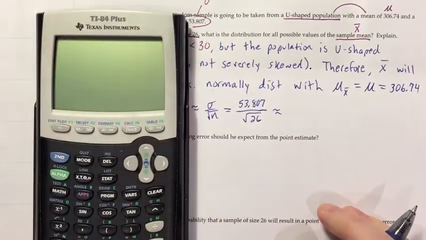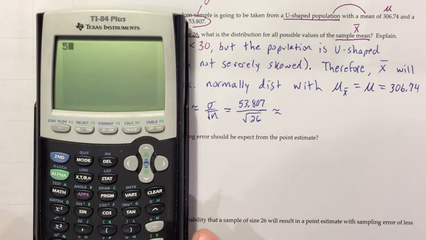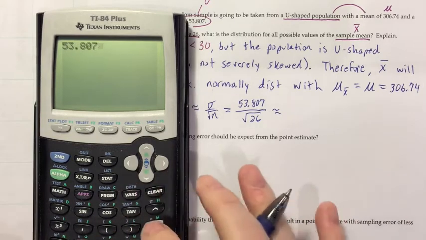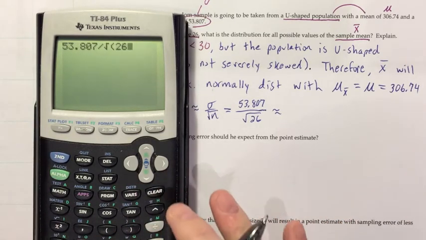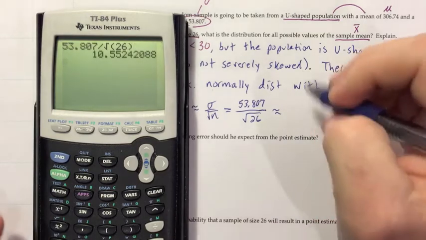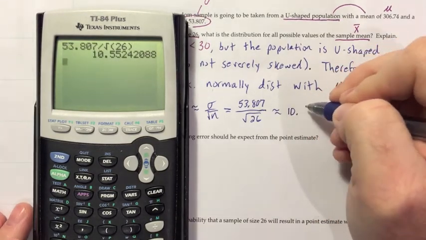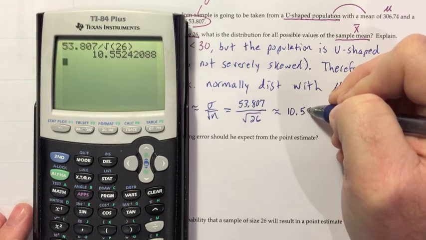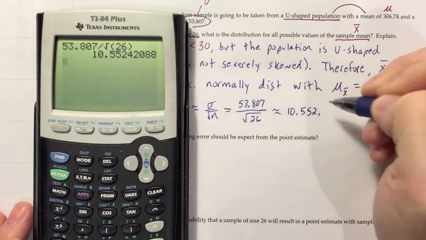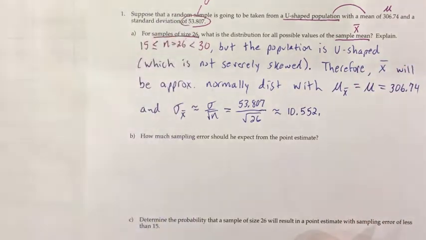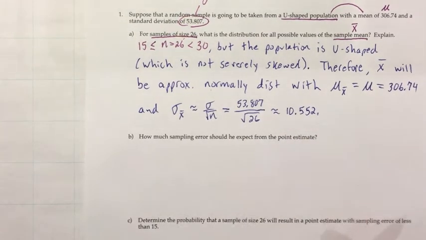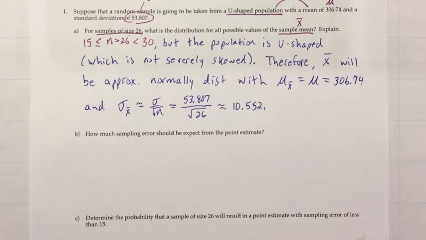So bring in the calculator for that last part. 53.807 divided by the square root of 26 is approximately 10.552. So remember that when you are calculating standard deviations and you need to round them, you should put at least 5 significant figures. So we've got 2 in front of the decimal and 3 after, so we're okay there.